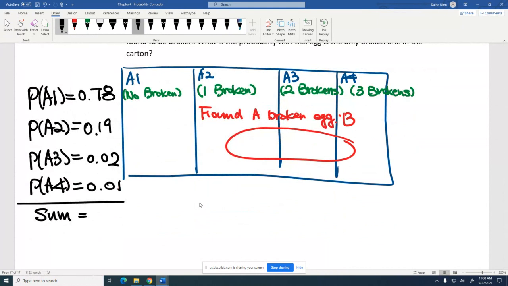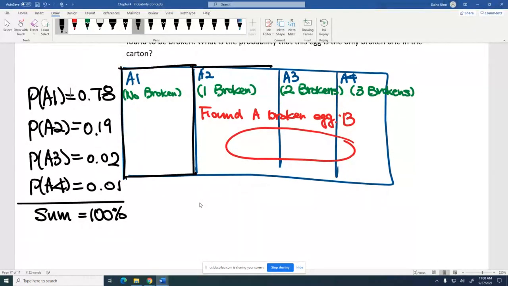Please add up the four possible probabilities. How much will the sum be? It must be 100%. Always.